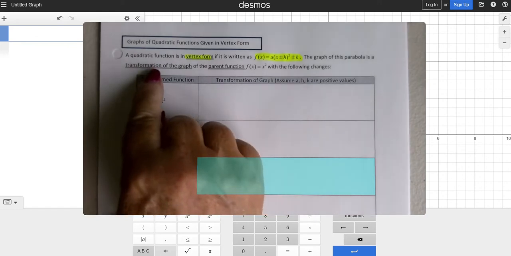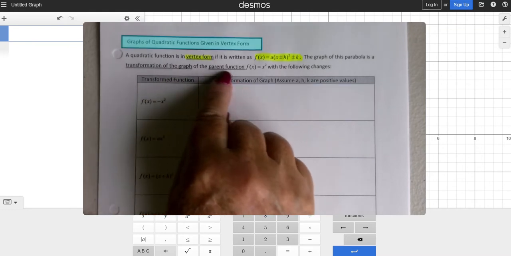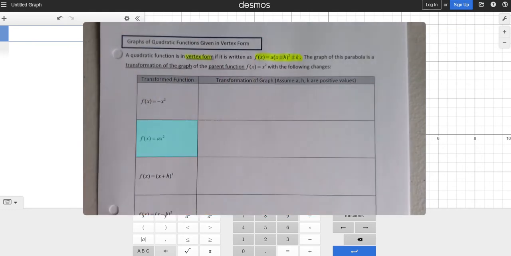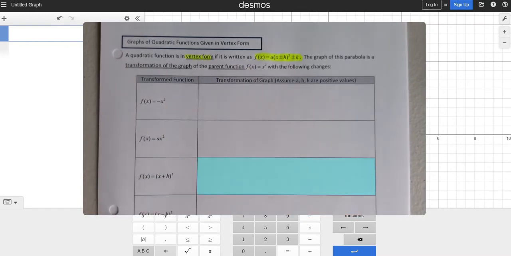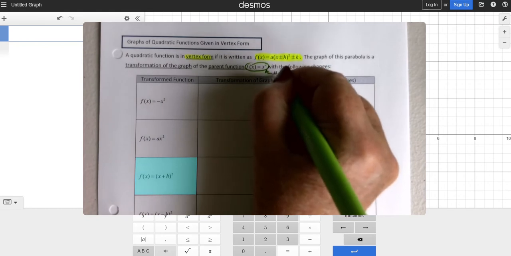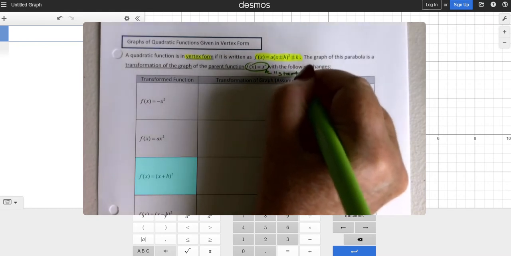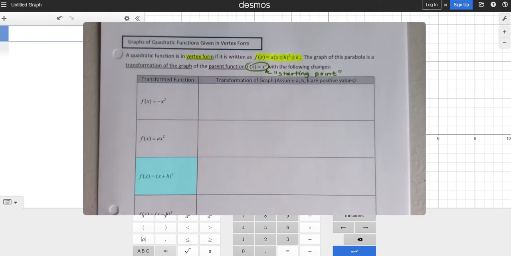We call this the transformation of the graph of the parent function, f of x equals x squared. So essentially what we're saying is this is always our starting point. That parent function, x squared, and we already know how that graph looks, right?